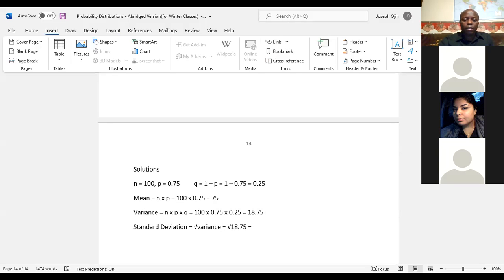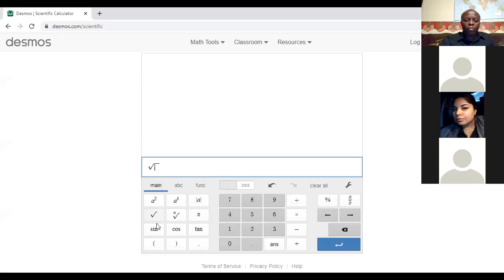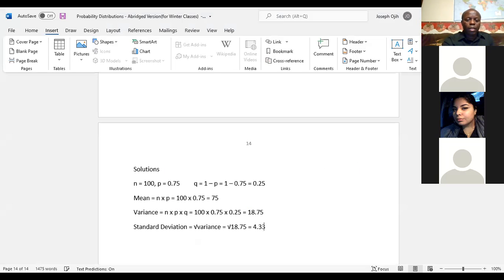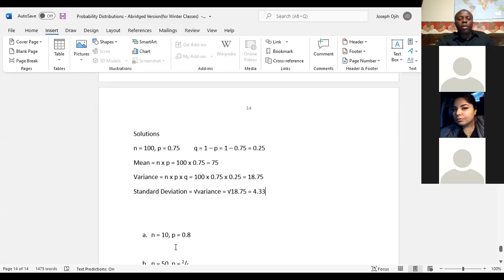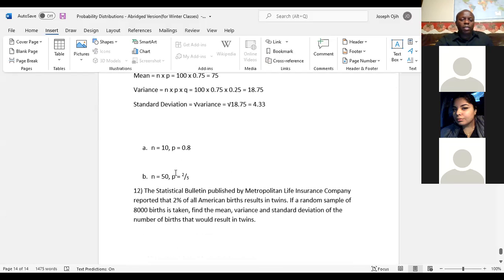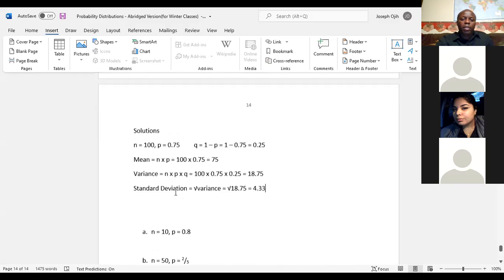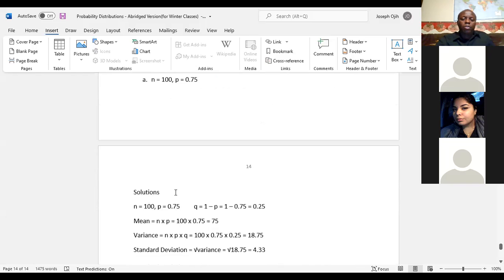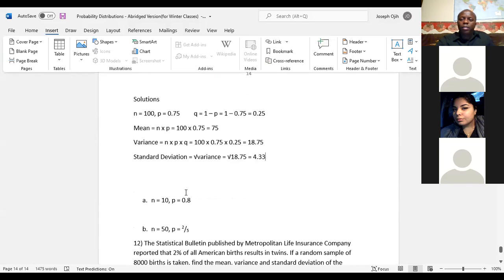The square root of 18.75 is 4.33. So that's how you get it. It's very simple. The rest of them are the same process. Find the Q and then multiply them out. That's all. You get the mean, variance, and standard deviation. So we have less than a minute.